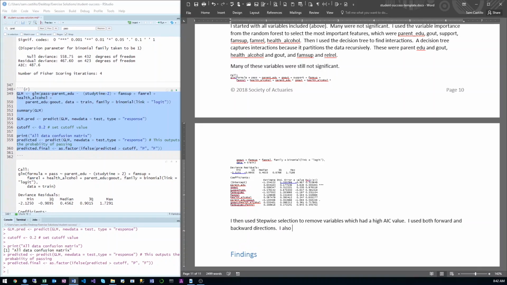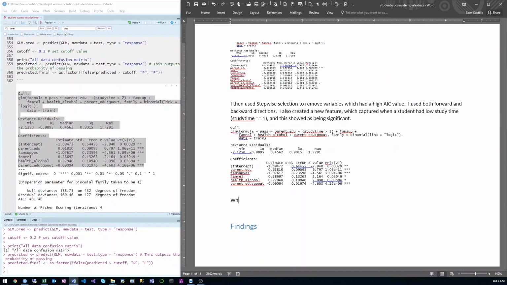I also created a new feature which captured when a student had low study time, and this showed as being significant. While all of these p-values are less than 0.05, only 5 variables are included.